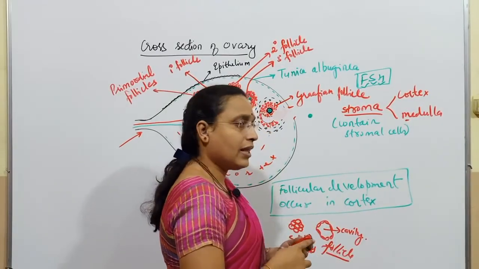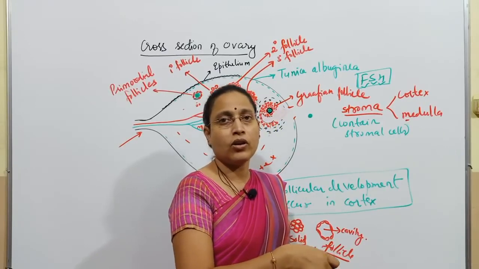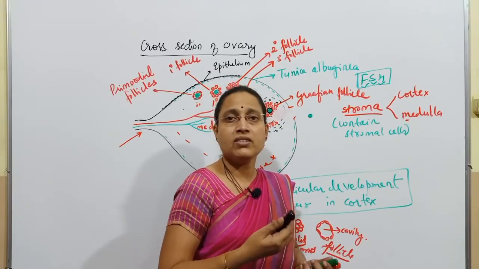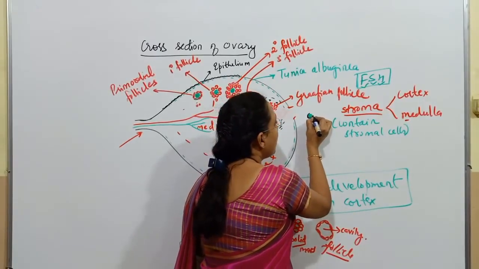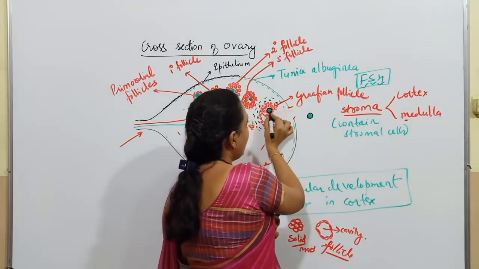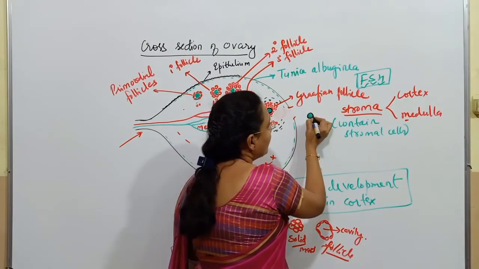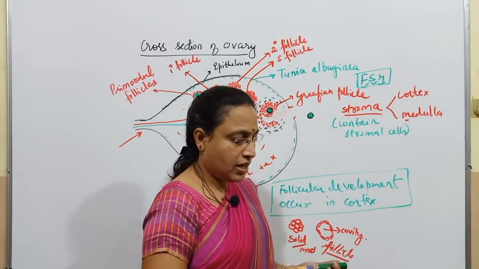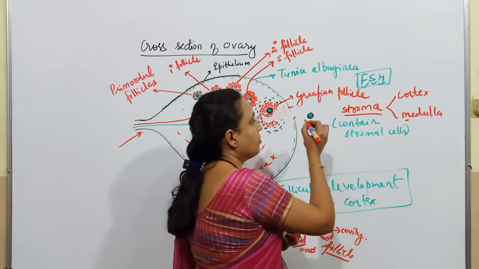Only the secondary oocyte won't be released; it will be surrounded by zona pellucida. So that means when there is a release of the oocyte, along with it comes the zona pellucida and the surrounding cells called corona radiata cells.